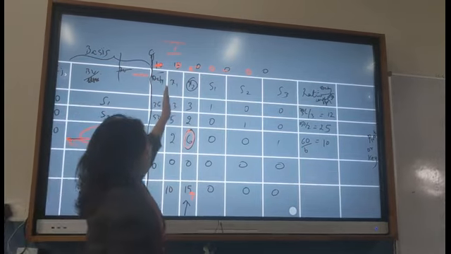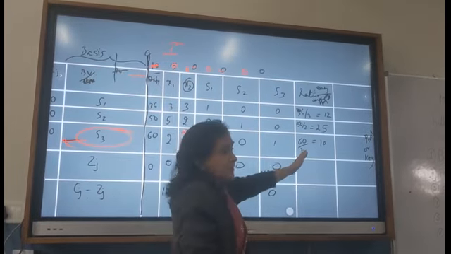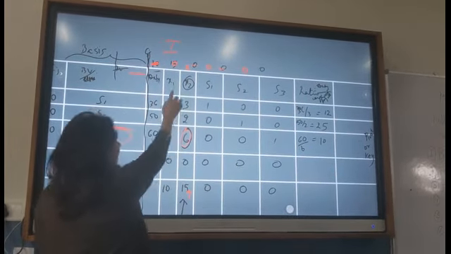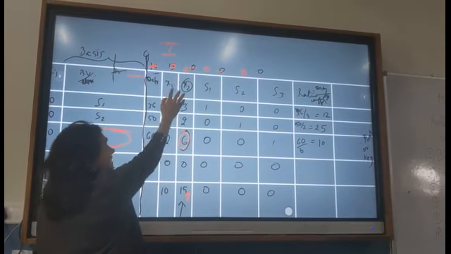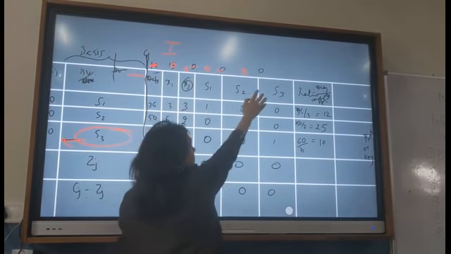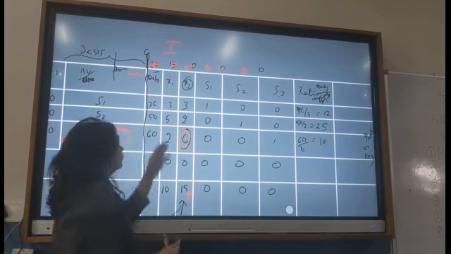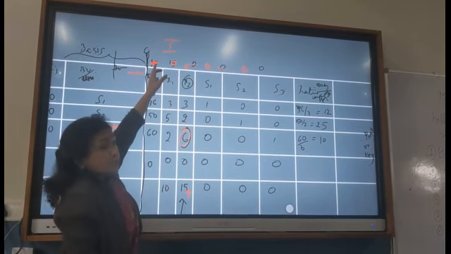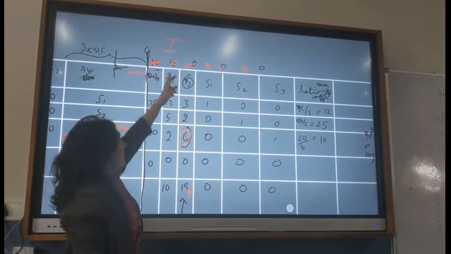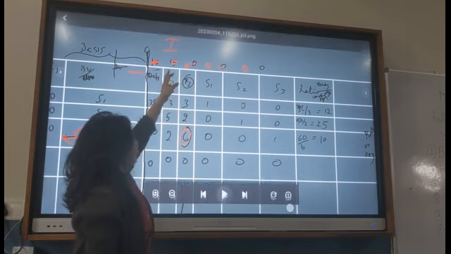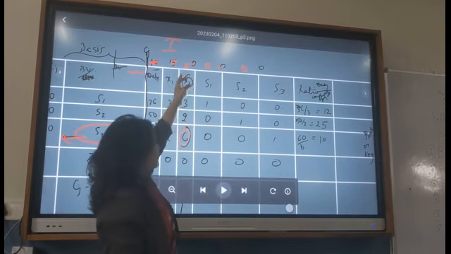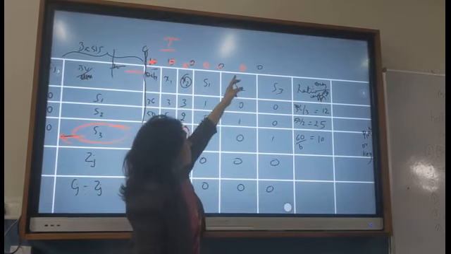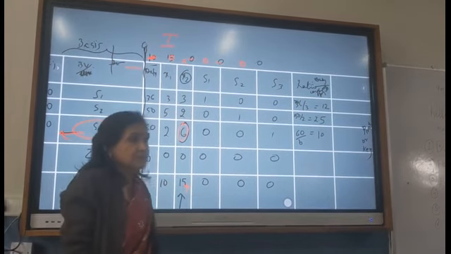Then I start writing the body of the table. In the body of the table, I have my two decision variables x1, x2, s1, s2, s3. On top of that, I write their profit contribution, Cj. For x1 it is 10, for x2 it is 15, for s1 0, s2 0, s3 0.